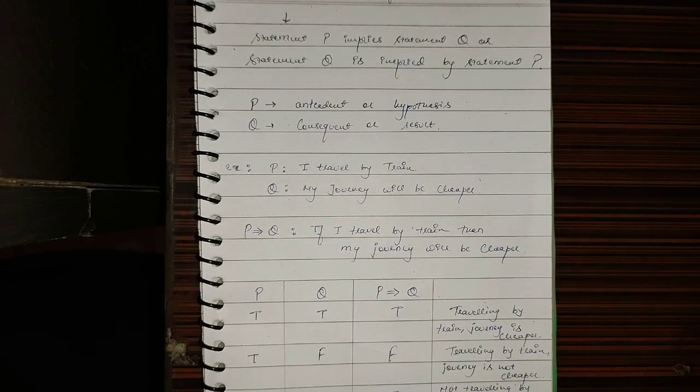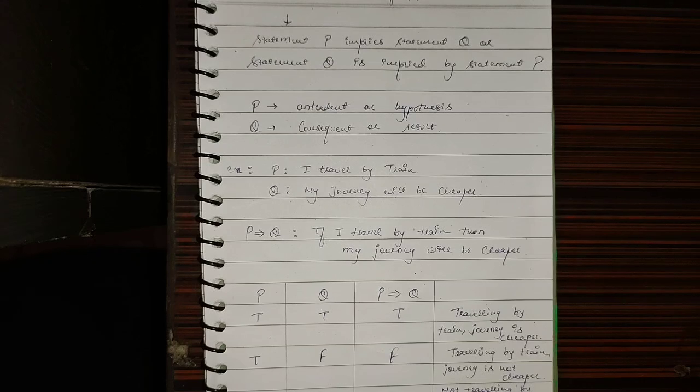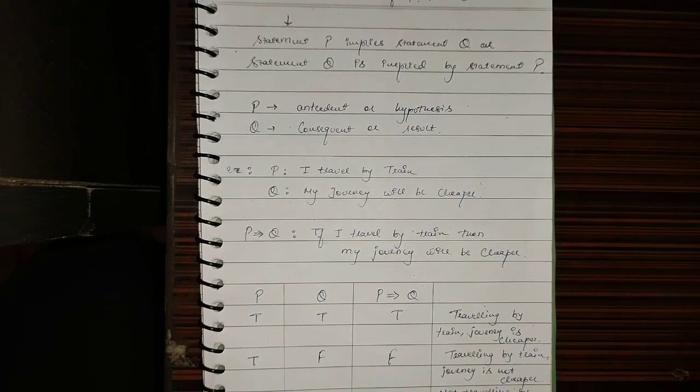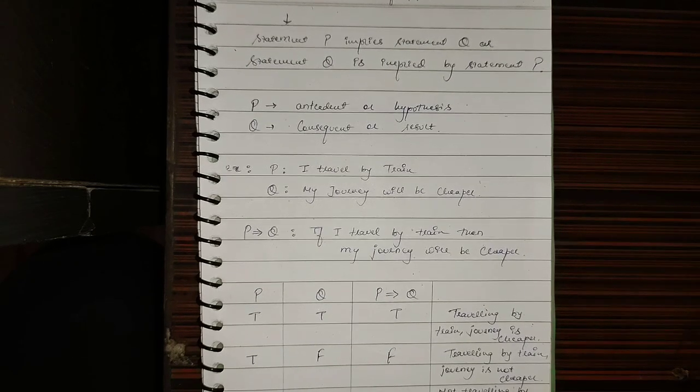It is the conclusion that happens when we are stating a conditional statement. So we can remember P as the hypothesis, something that we are expecting to happen, and Q as the result or the conclusion, something that actually happens.